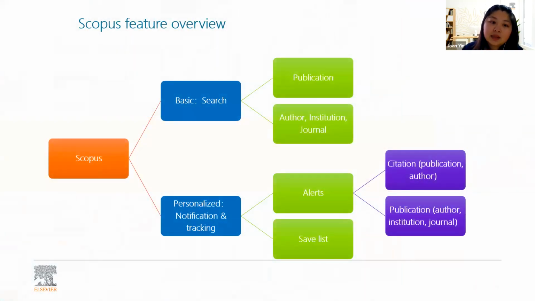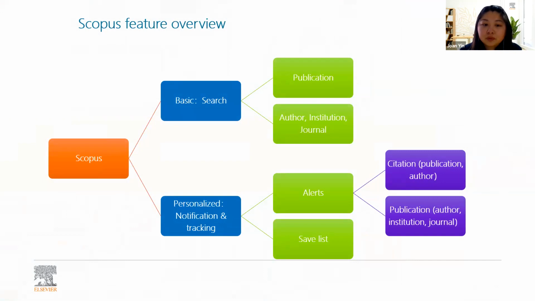Before we start, let's take a look at the overview of Scopus features. There are two major features about Scopus. The basic one is the searching part. It can be searched by publication, by author, institution, and by journal. The second part is the personalized one.